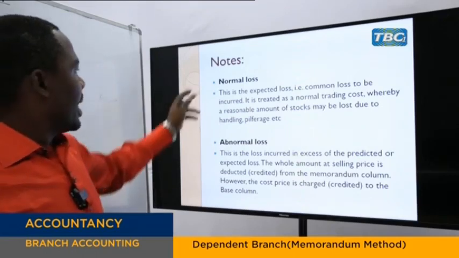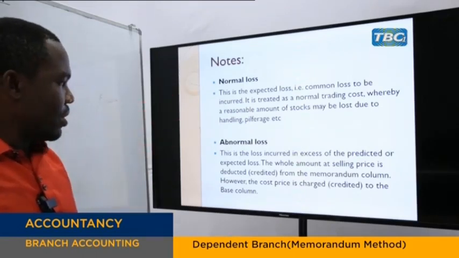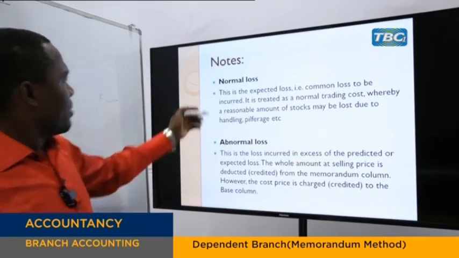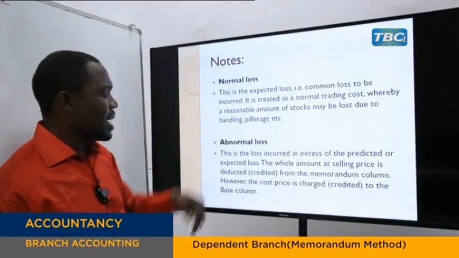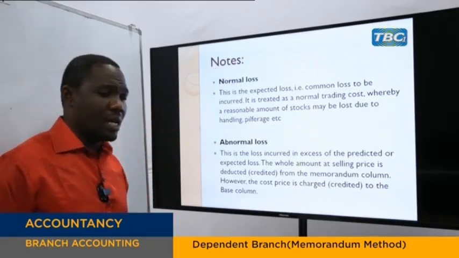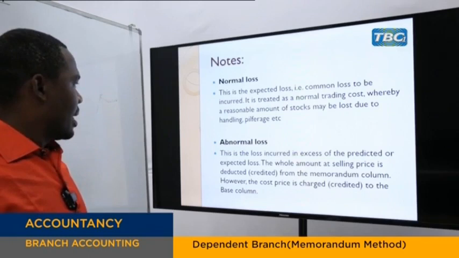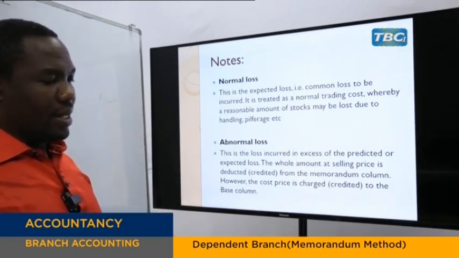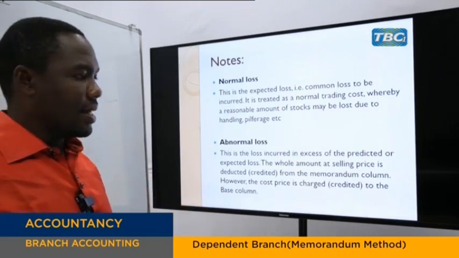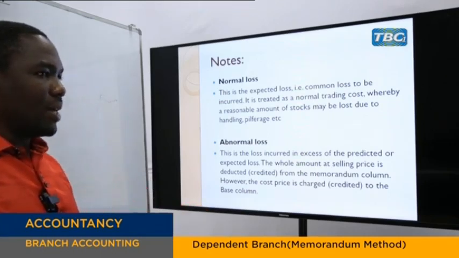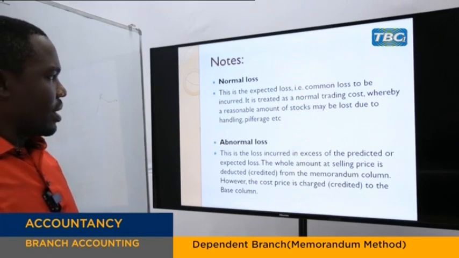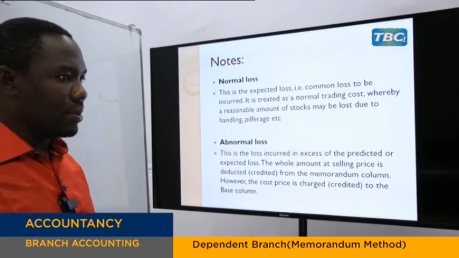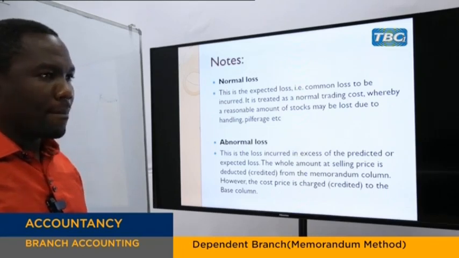We need to highlight these important notes before we go on to the accounting procedures. You may find this term in branch accounting: normal loss. What does it imply? Normal loss is the expected loss. As you are doing business, there is a loss that you expect. For example, assume a single shop selling sugar.